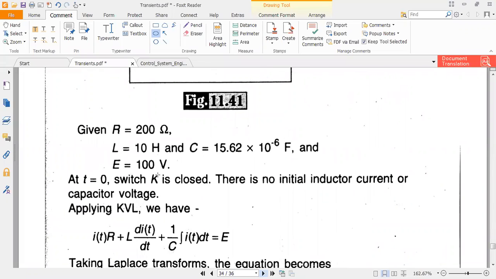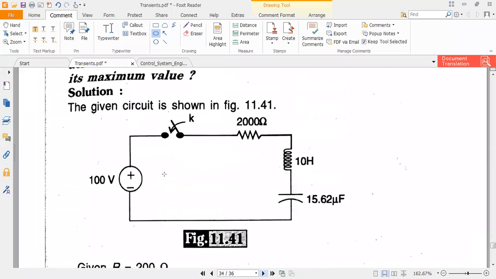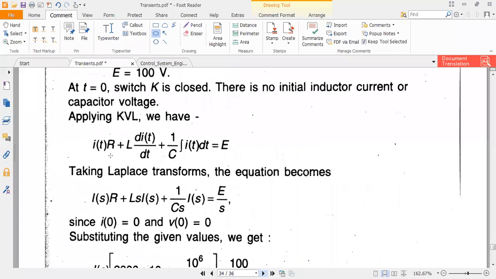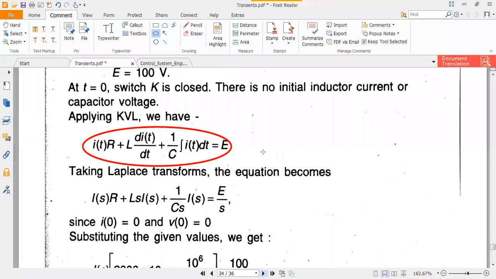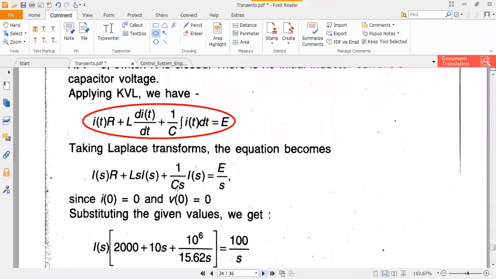See, so these are the given data. Then when switch K is closed, the current is flowing through this circuit, then apply the KVL, then you will get this equation. Then same thing, apply the Laplace transformation.